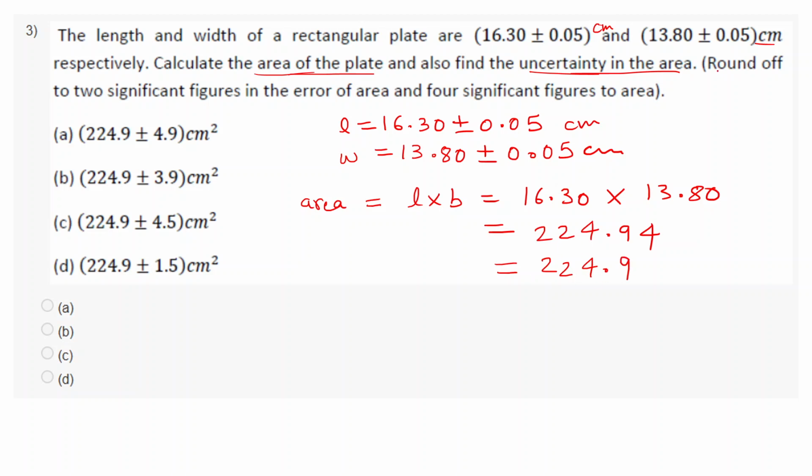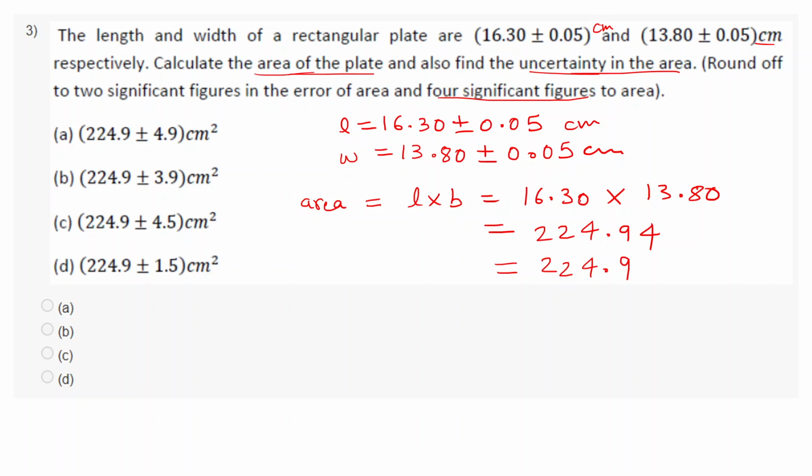Even in the question they had asked us to round off the error to two significant figures, and the area we have to round off to four significant figures. And also with our knowledge of the rule for significant figures, we know that we are taking the product of two numbers, and this number also has four significant figures.